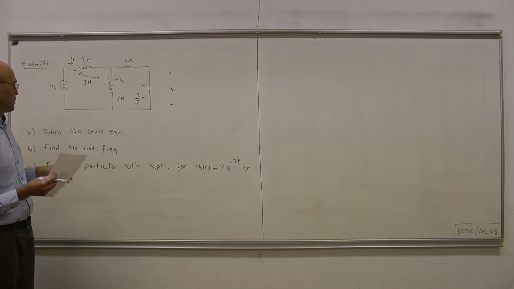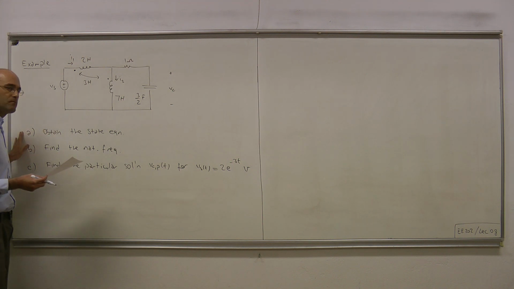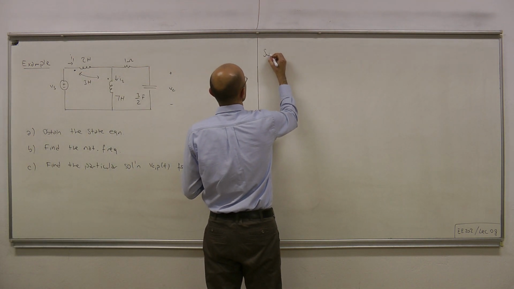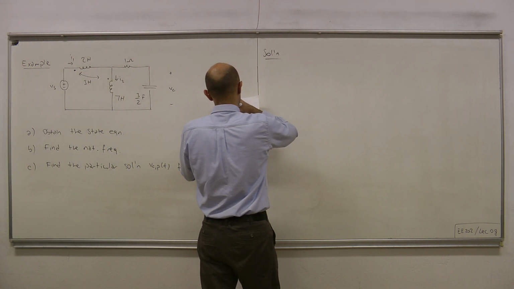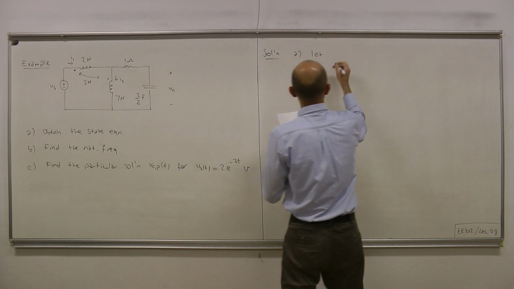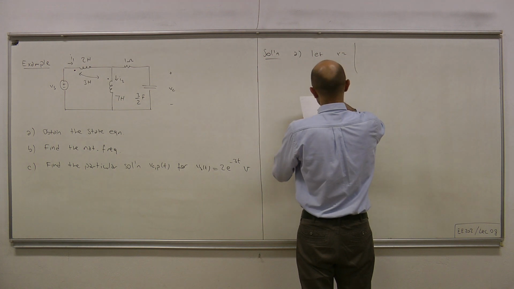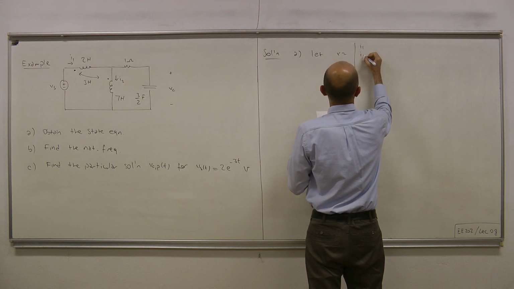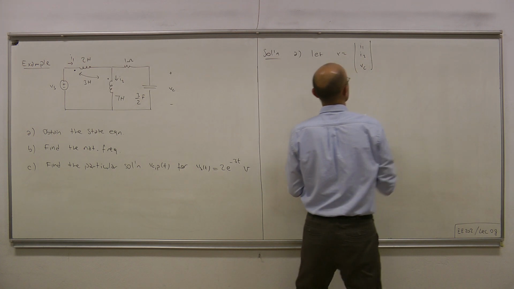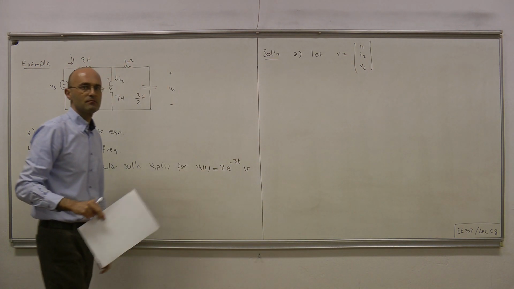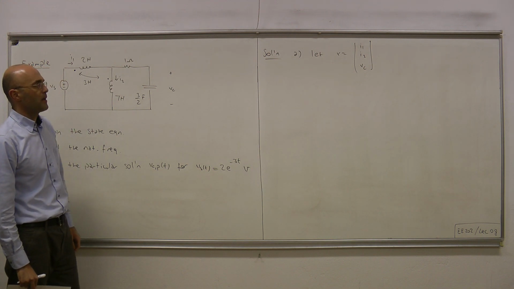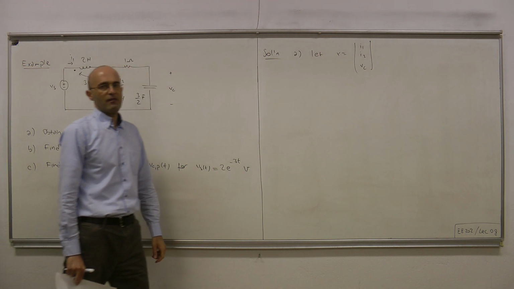Okay, so let's start from the first part, part A. Let's choose the state variable as I1, I2, and VC. So all the inductor currents and also the capacitor voltage appear in our state vector.